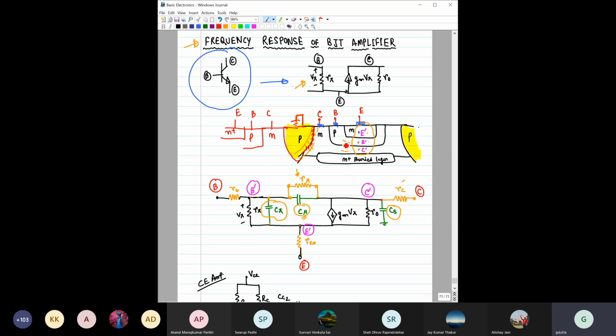R mu is what I have said: it is basically the reverse bias between base and collector. For a diode we considered forward bias resistance RF with a battery, and for reverse bias we considered it differently, isn't it? Instead, to make it more accurate, you should consider one resistance here, whose value is very high, in the range of mega ohms.